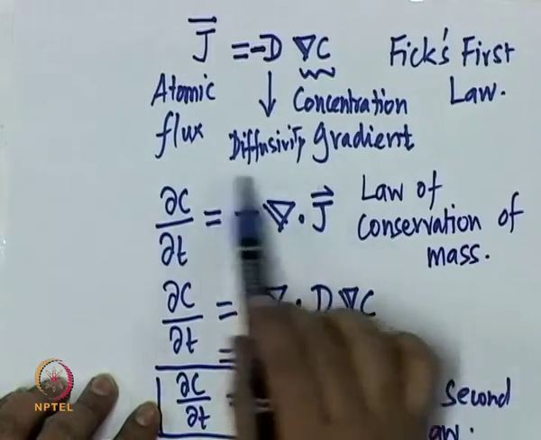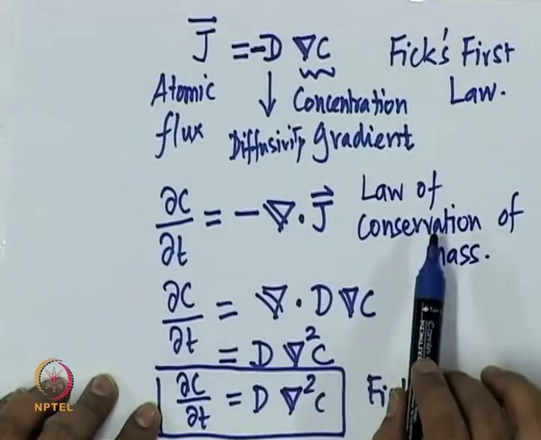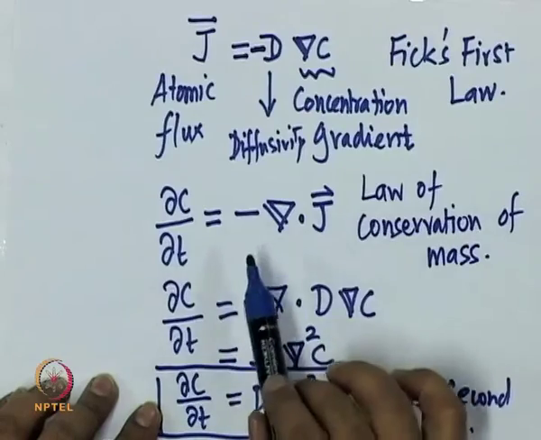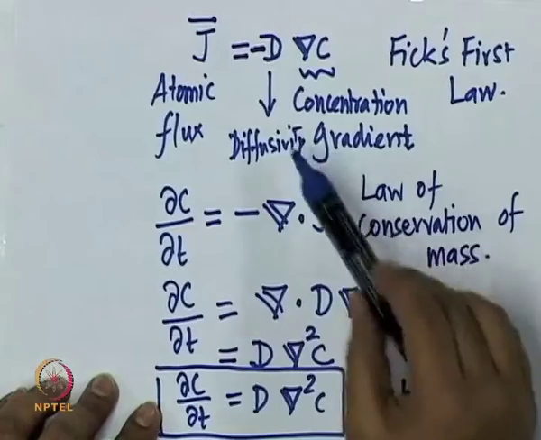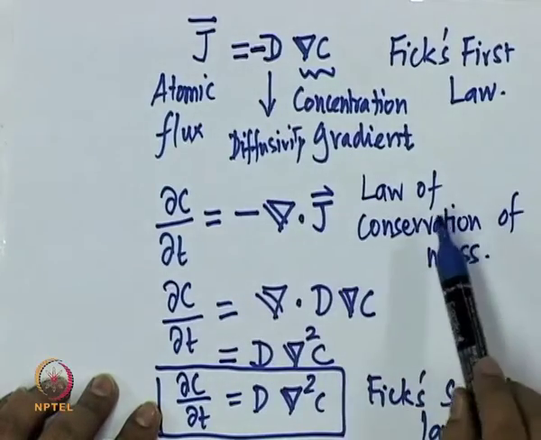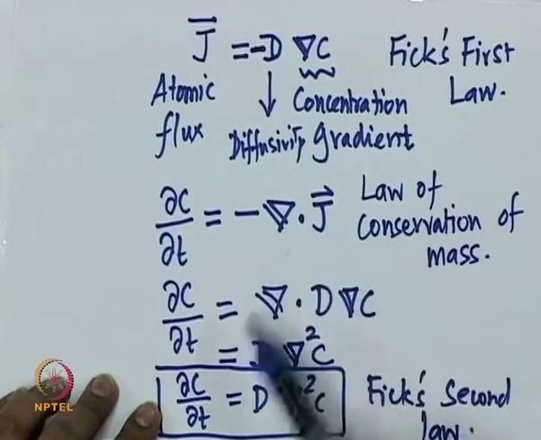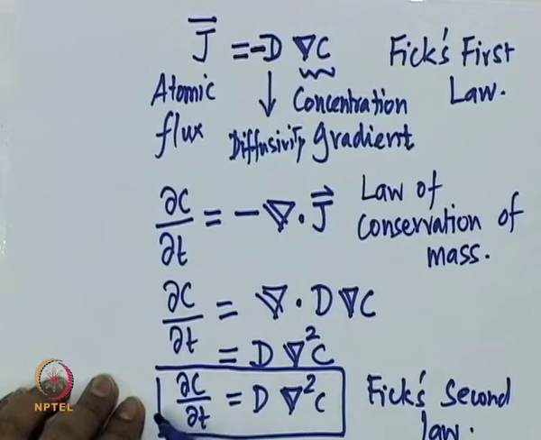Remember, this is a universal law, right? Mass should always be conserved. So, you have a constitutive law which is specific for different materials, you combine it with a universal law which is a conservation of mass, you get to the second law of diffusion.